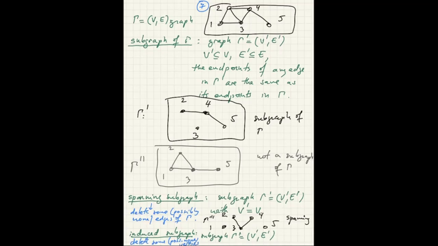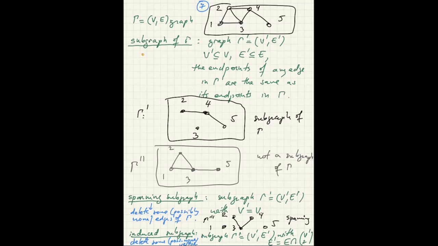So here E prime, the edges, consists of all edges of E that lie in the vertex set V prime choose 2. So if you look at the subset of vertices V prime of this graph, when it's induced, every edge that was between two vertices of V prime in the graph gamma must stay inside the graph gamma prime. So let me see where I can give you an example.